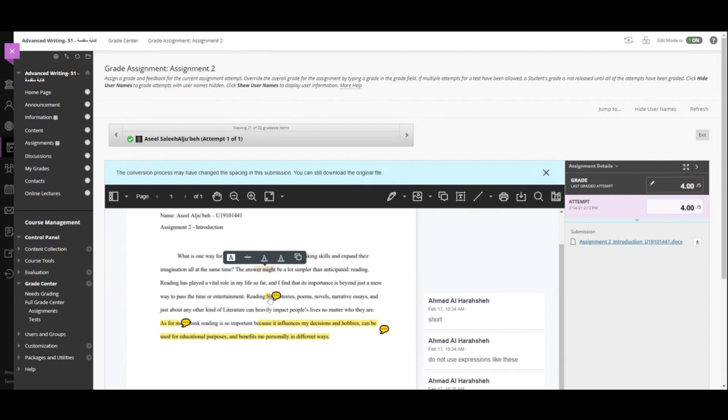Reading, be careful with capitalization. This is one of the problems that the majority of us have in writing. Short stories, poems, novels, narrative essays, and just about any other kind of literature. Literature, again here, small letter, can heavily impact people's lives no matter who they are.